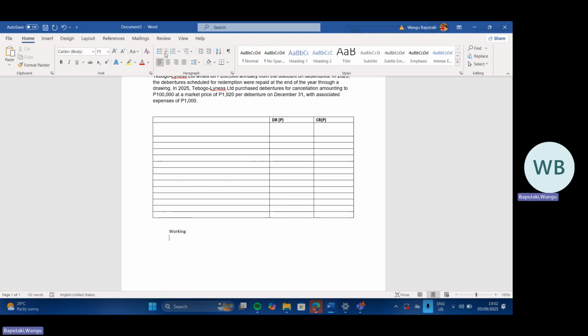So 10,000 debentures were issued at 10%. And the par value was 2,000 per debenture.